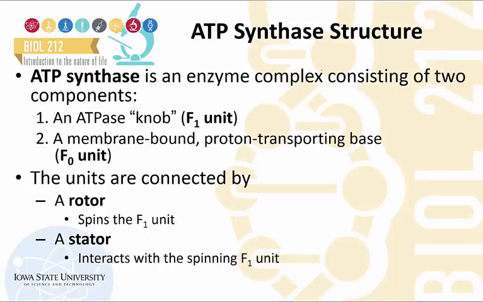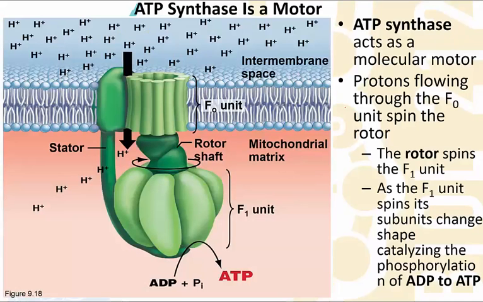So this ATP synthase complex is extremely large and contains many subunits that work in concert with each other to bring about the synthesis of ATP using the energy stored within the electrochemical gradient of protons across the inner mitochondrial membrane. So in a sense, the ATP synthase is like a motor, but it's a molecular motor where protons flow through the F0 unit, leading to the spinning of the rotor, which in turn spins the F1 unit.